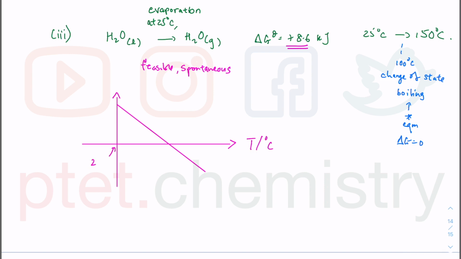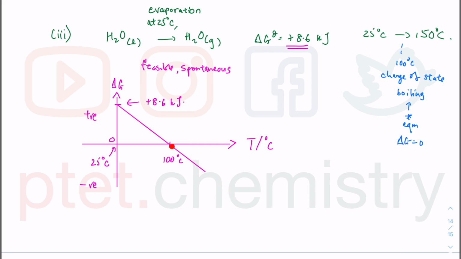This is negative and this is positive, and the exact value there is plus 8.6 kilojoule, and this value there is 100 degrees Celsius, because at that particular temperature it's going to cross over to delta G equal to 0, which is on the y-axis there. Obviously it's getting more and more negative, and it becomes spontaneously feasible above 100 degrees Celsius because it's already boiled, so delta G just gets more and more negative at higher temperature.